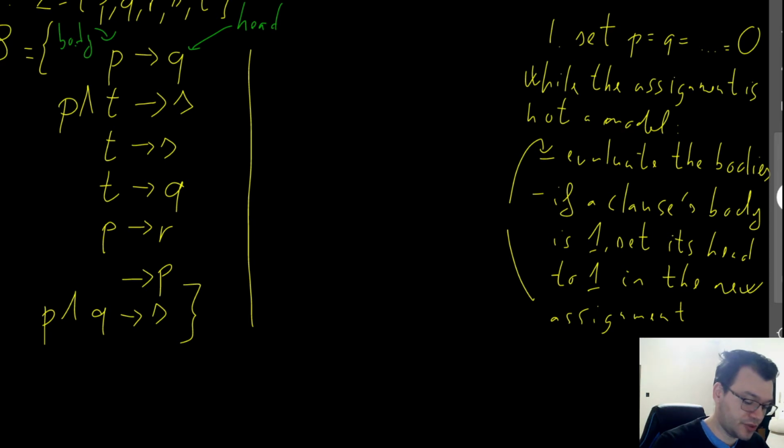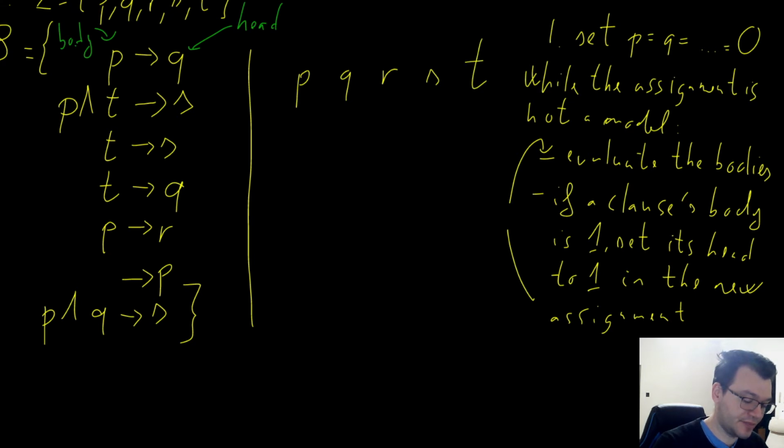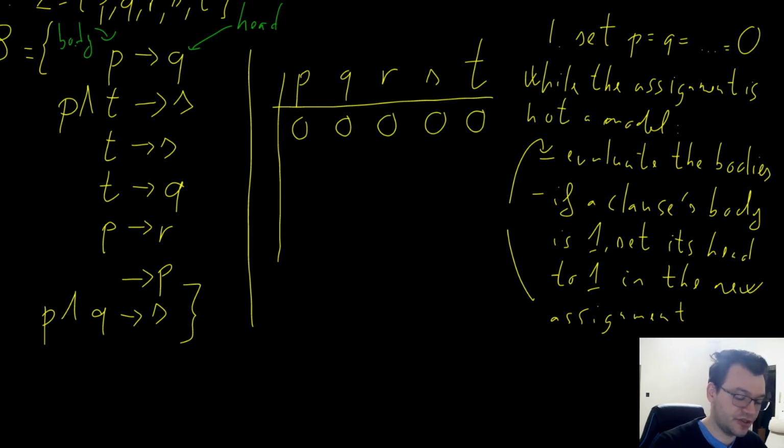The columns will be indexed by the variables p, q, r, s, and t. In the first round, each of these will be set to 0. That's just initialization.